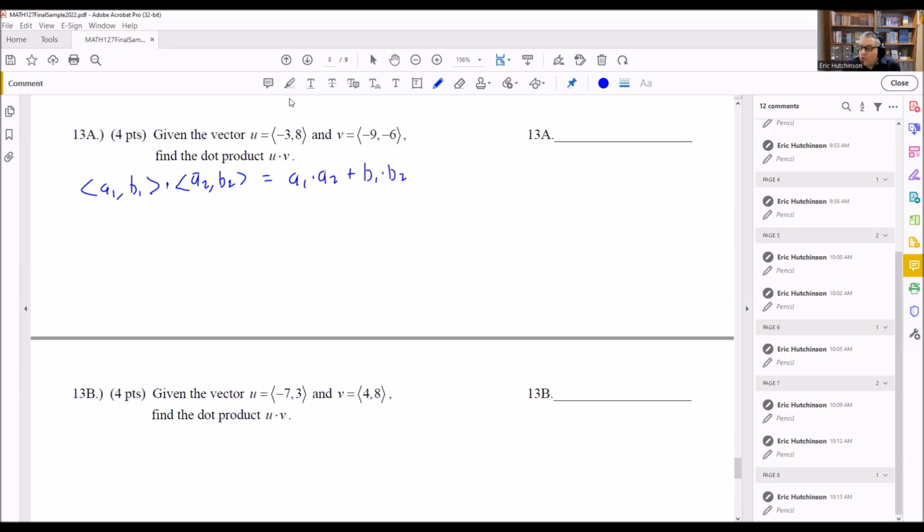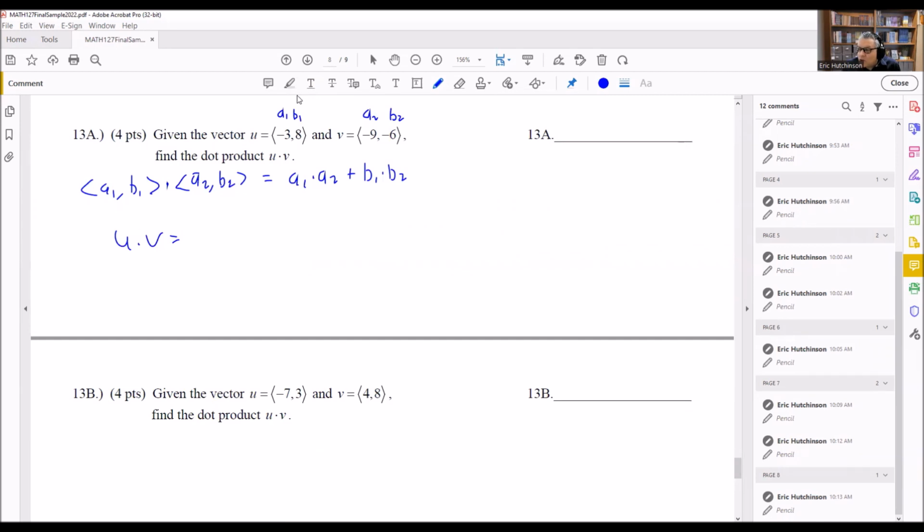Okay, so that is the formula that we're going to use here in this case, written out this way. Okay, so I have A1, B1 here. I have A2 and B2 I can label. So u times v, the dot product, is going to be, I'm just going to fill it in.